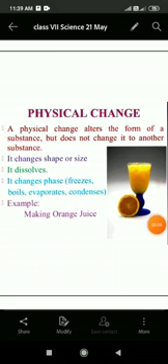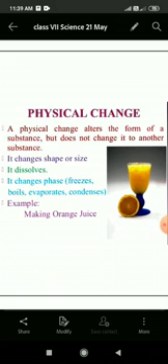And students, we can say that a physical change alters the form of a substance but does not change it to another substance. It changes shape or size. It dissolves. It changes phase, like it freezes, boils, evaporates, condenses.